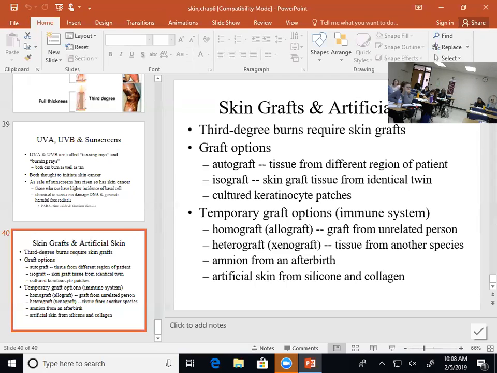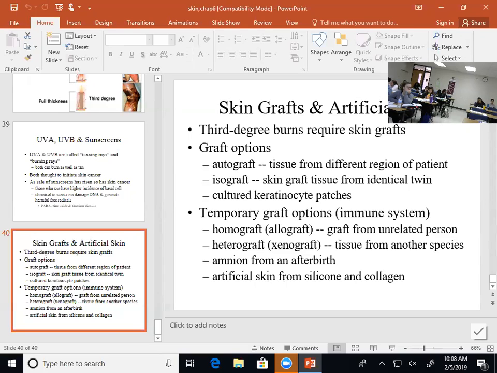It's actually a bacteria that causes this, called Propionibacterium acnes. Now, can acne cause scarring? It actually can. Cystic acne can lead to scarring, so it can be serious.